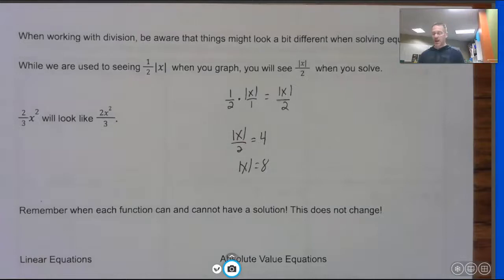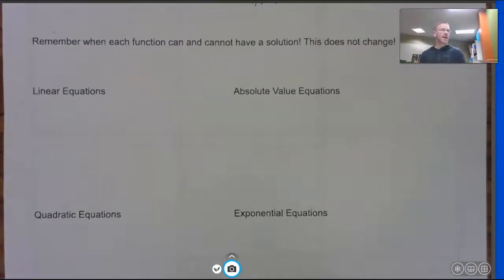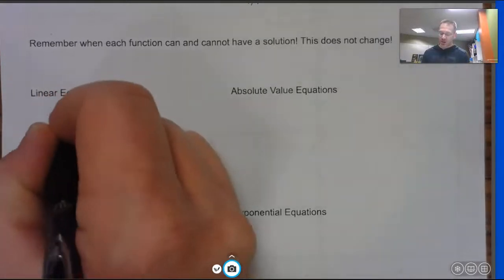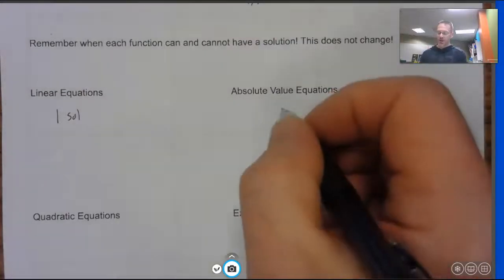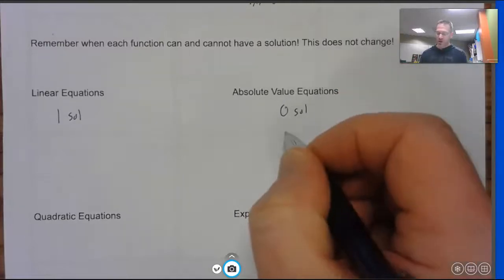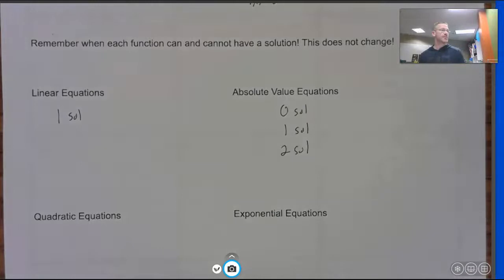All right. Okay, now, just a quick review, right? So when we look at linear equations right now, we know linear equations can have one solution. That's going to change a little when we get deeper into our unit, and we'll talk about why that is. Absolute value, we could have 0 solutions, we could have one solution, or we could have 2 solutions.